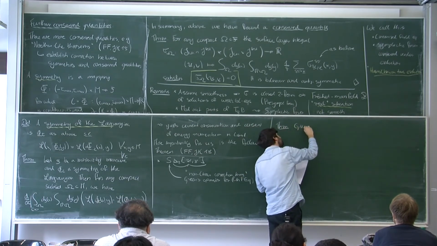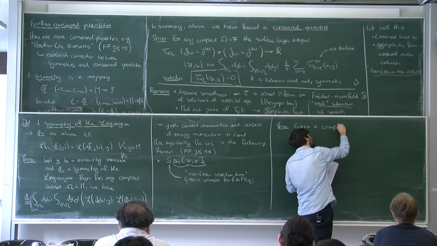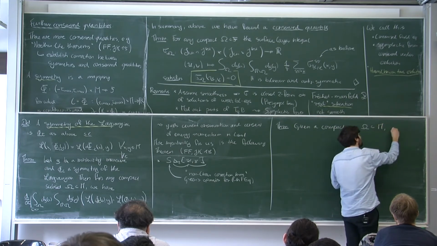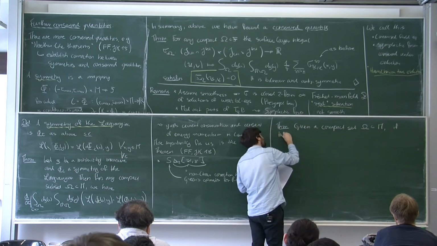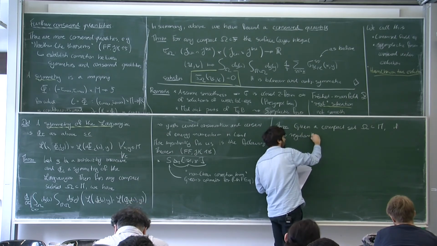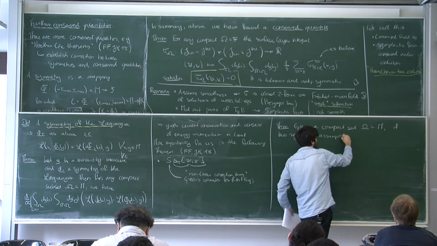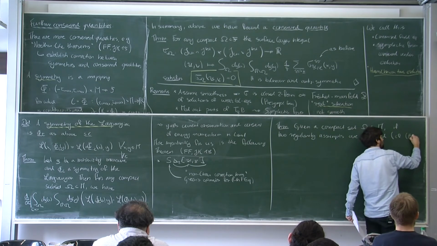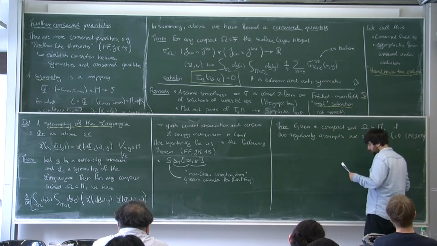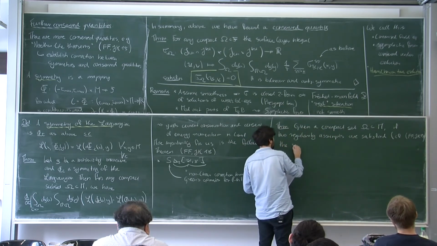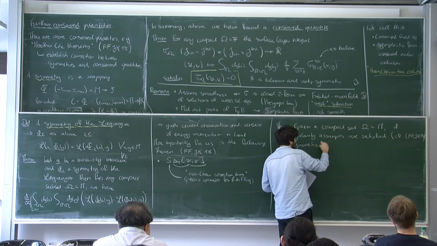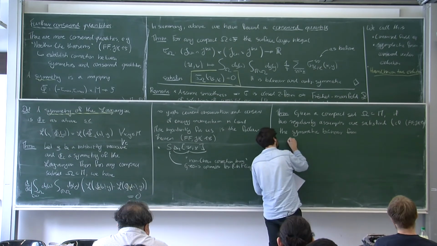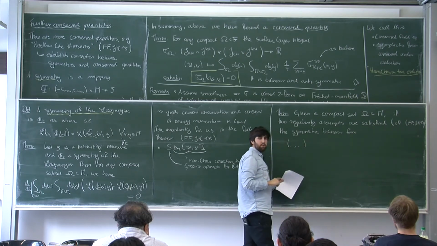Given a compact set, as always, omega subset M, if two regularity assumptions are satisfied, which you can find in the paper, the symmetric bilinear form, like this, has a comma, as we learned yesterday, because it's for real quantities.